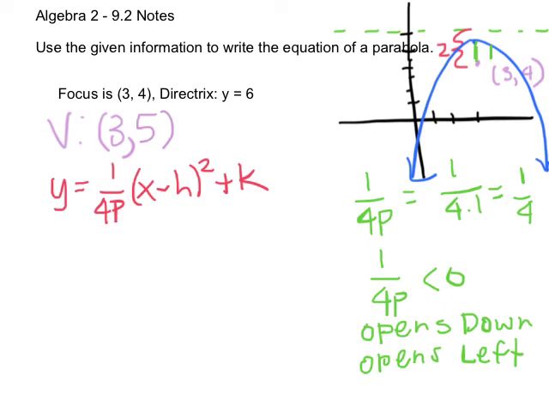Well, now if you have a y squared term that is negative, you have an equation that opens left. And once we have this knowledge, we can very easily fill in the rest of our problem. Y equals negative 1 over 4p, which is negative 1/4, times x minus the x-coordinate of the vertex squared plus the y-coordinate of the vertex.